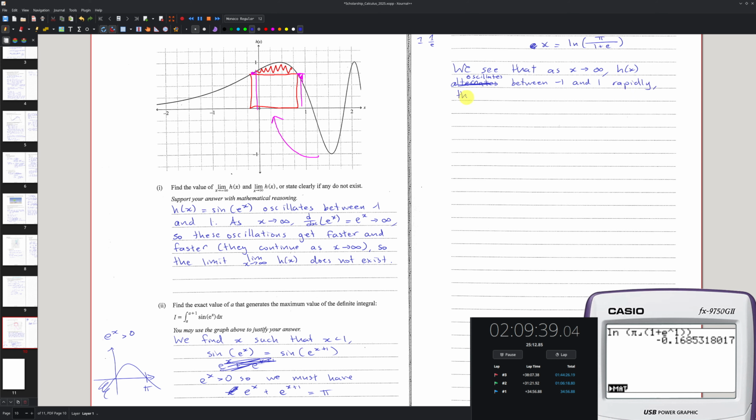This means that the integral I, as a tends to infinity, will have some positive and some negative.